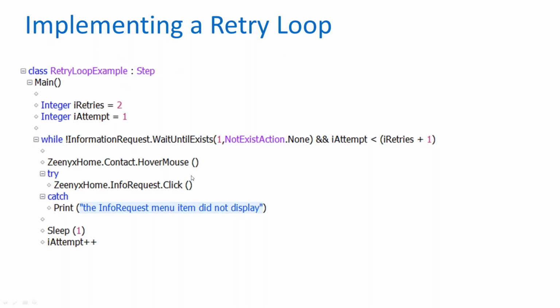I had a test one time that I was executing against our old website, and in Chrome there was this pause. When I went to hover my mouse over the contact menu, which dropped a submenu, it always worked fine in IE and Firefox, but it would intermittently fail in Chrome because there was this weird hesitation.